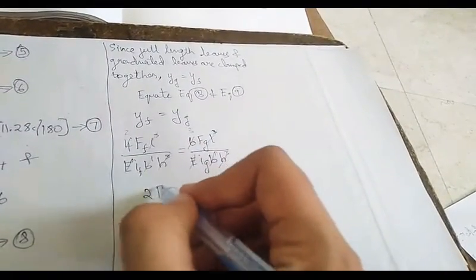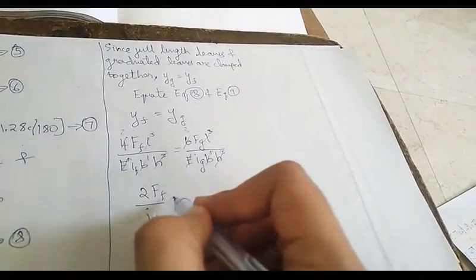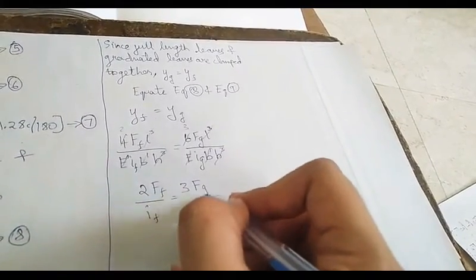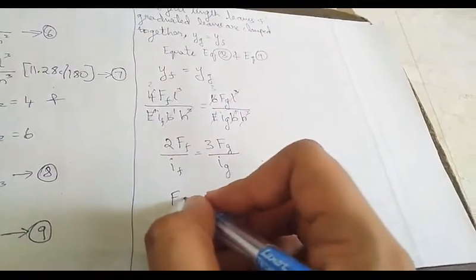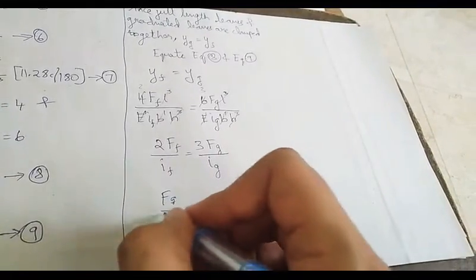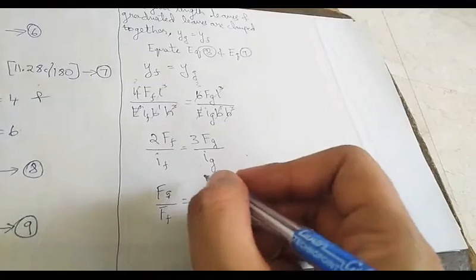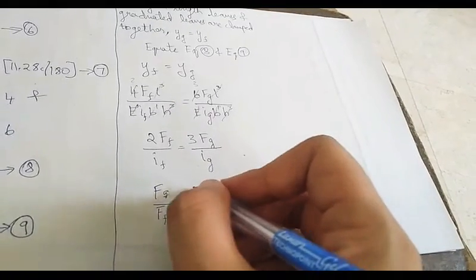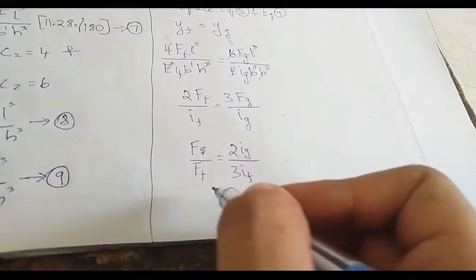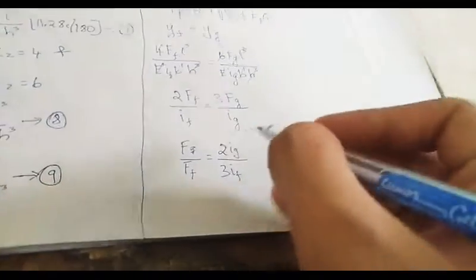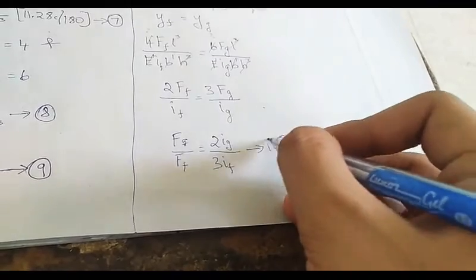So we'll remain with 2FF by IF is equal to 3FG by IG. So we will remain with this equation. We shall rewrite this: FG by FF is equal to 2IG by 3IF. We shall call this equation 10.